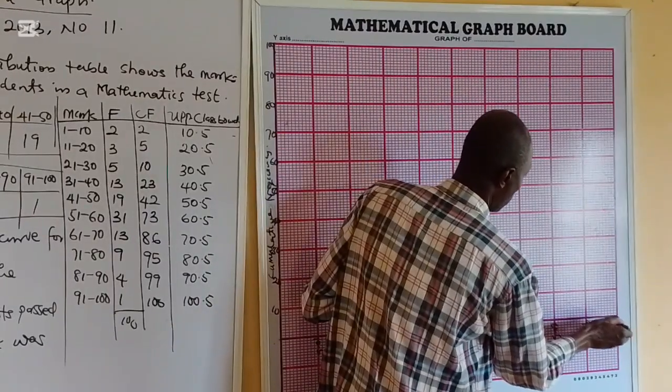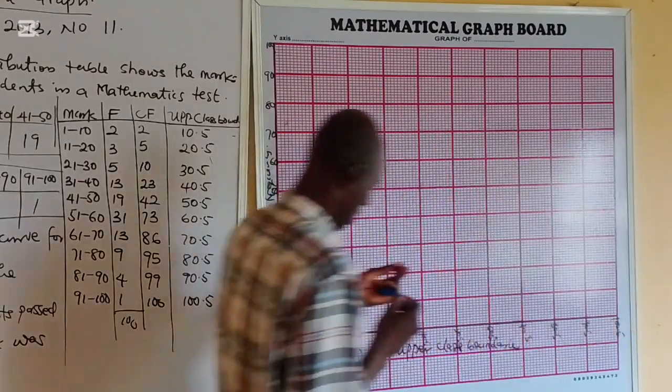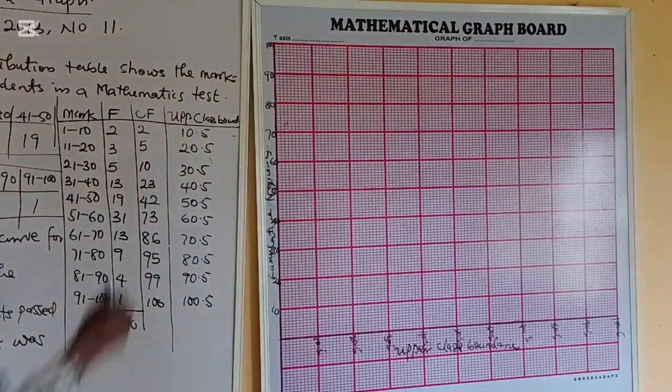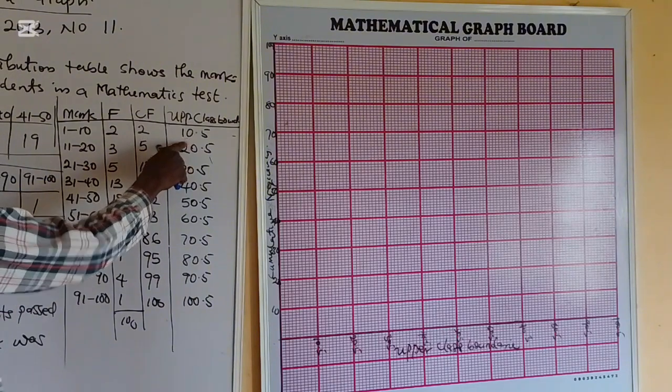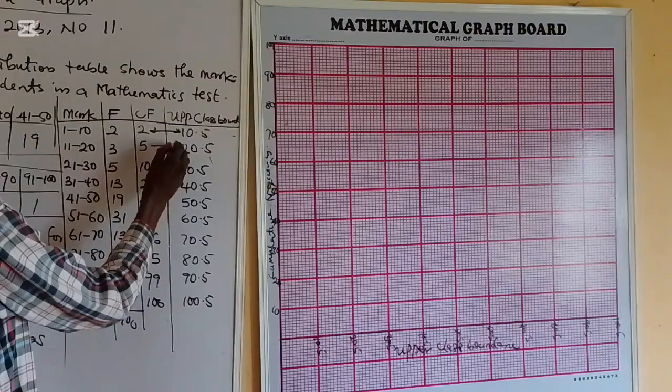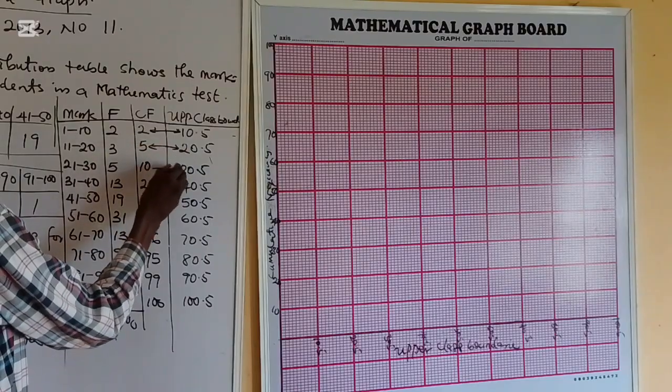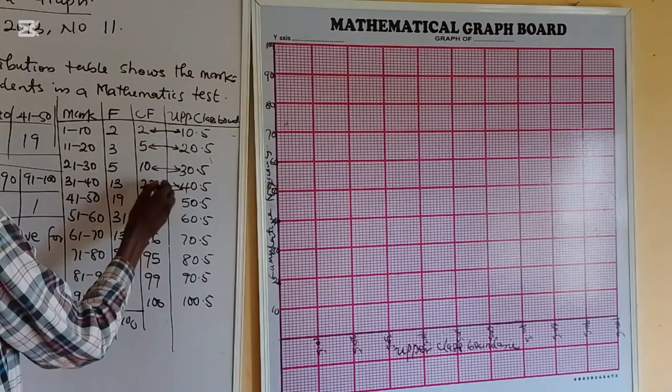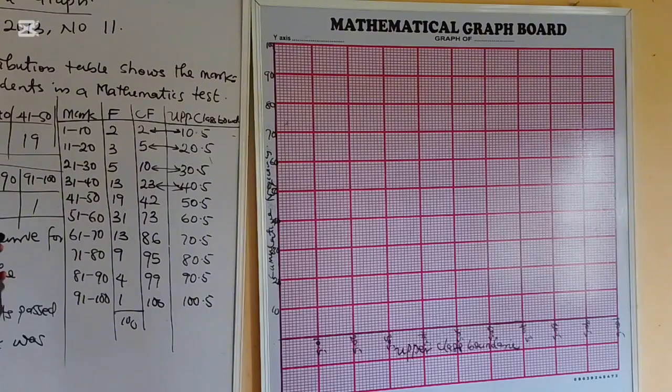Here is 100.5. Okay. Now, we are mapping the upper class boundary to the cumulative frequency, not to the frequency. When the upper class boundary is 10.5, what's the cumulative frequency?